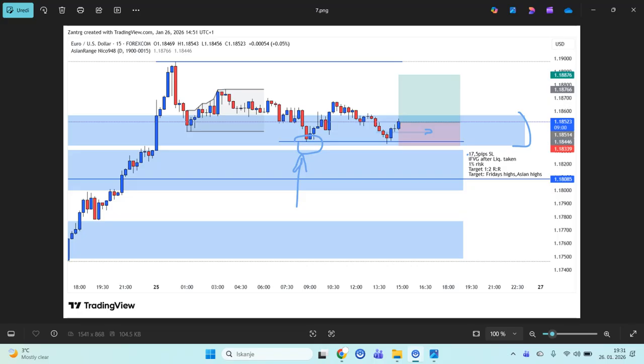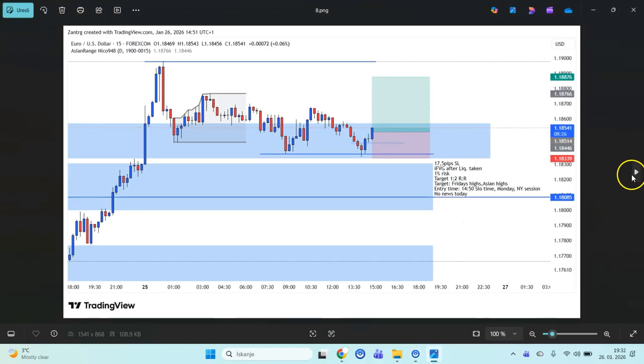We had 1% risk. We were looking for 1 to 2 in terms of risk and reward ratio, and we wanted to target here. I made a mistake, it's not Friday highs, I meant the highs of the day here, and in combination with the Asian session high, this was our target in between.